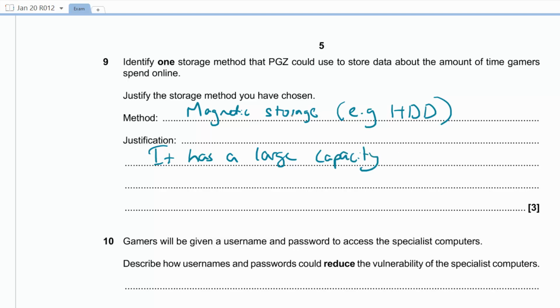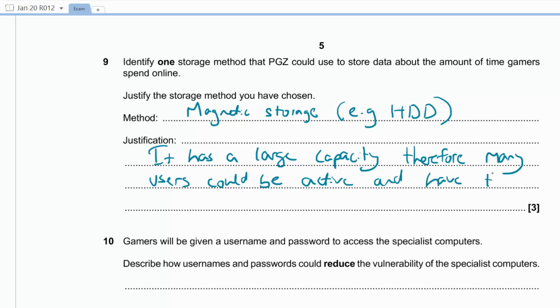And we've got 1 mark for the method, so to get our 3rd mark we must explain why this is important for this scenario. It's not just saying generally it's good. Large capacity, therefore link it to the scenario, therefore many users could be active and have their data stored on this device.